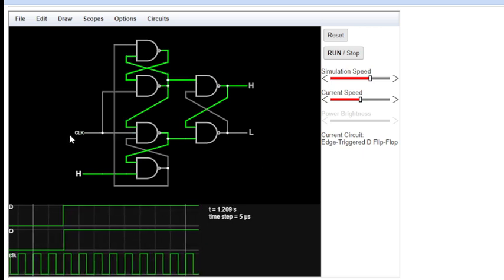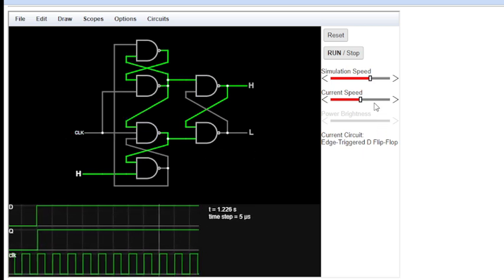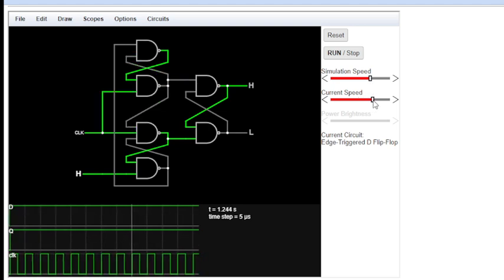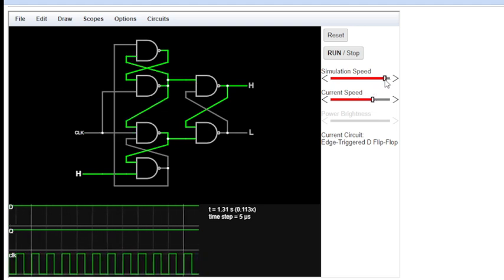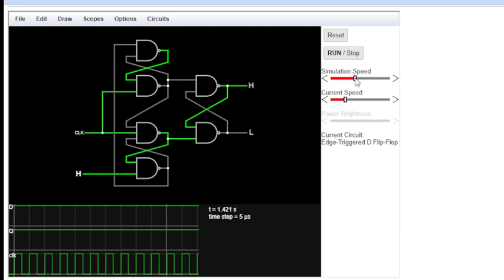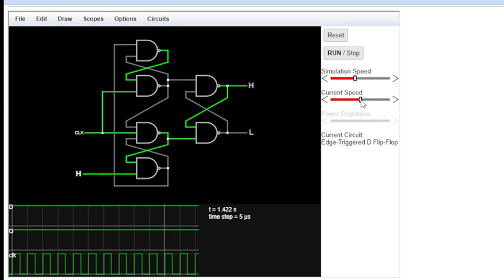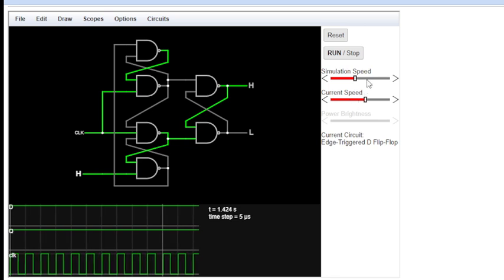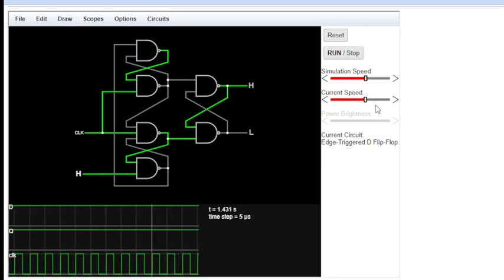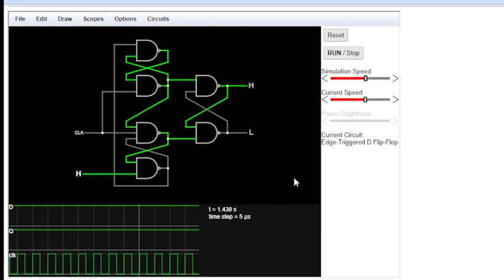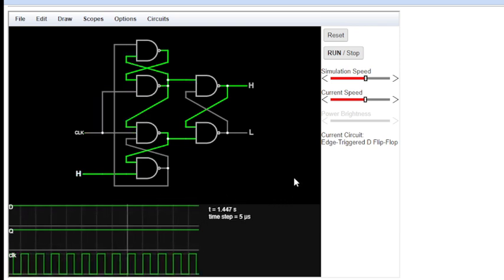But if I speed up the circuitry, you can easily understand. Let me slow it down a little bit for your understanding. Yes, now you can easily understand what is happening here.